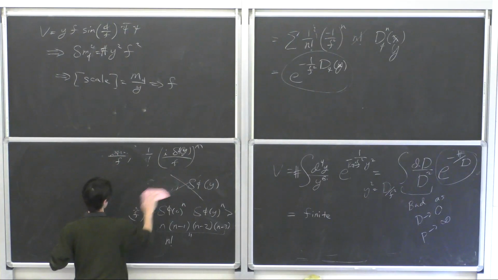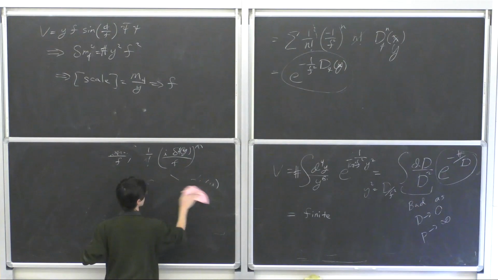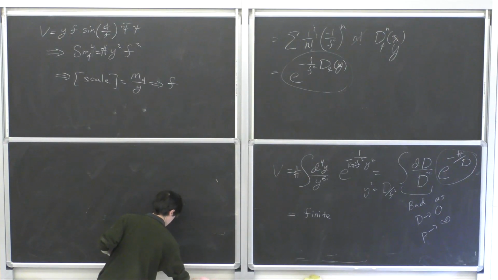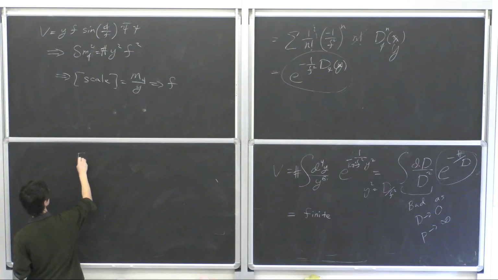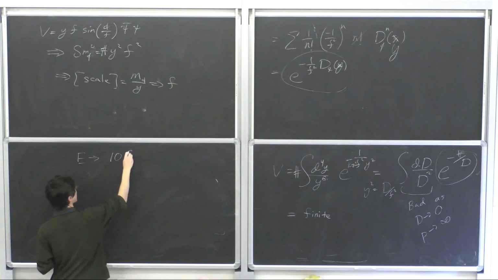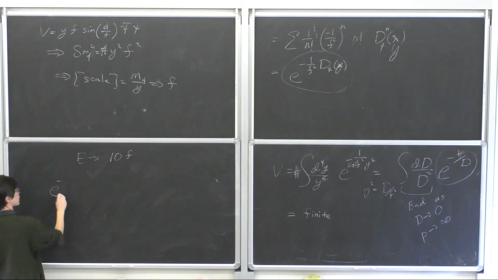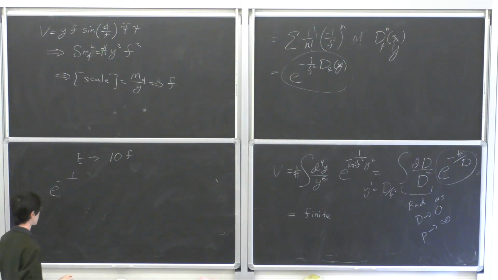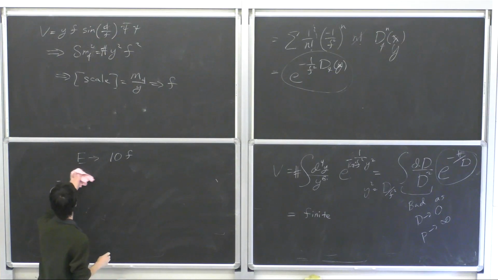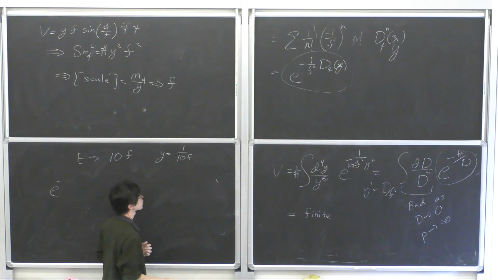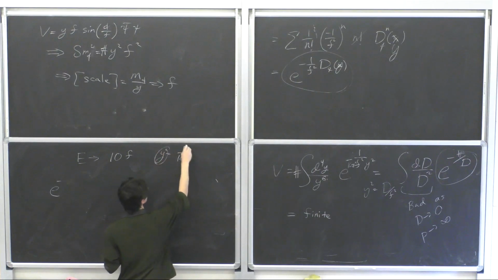This is perhaps an unintuitive, weird situation where, as I go to an energy or distance scale, let's say 10f, the exponential is e to the minus, if my energy is 10f, this is 1 over 10f, the distance squared is this thing squared.